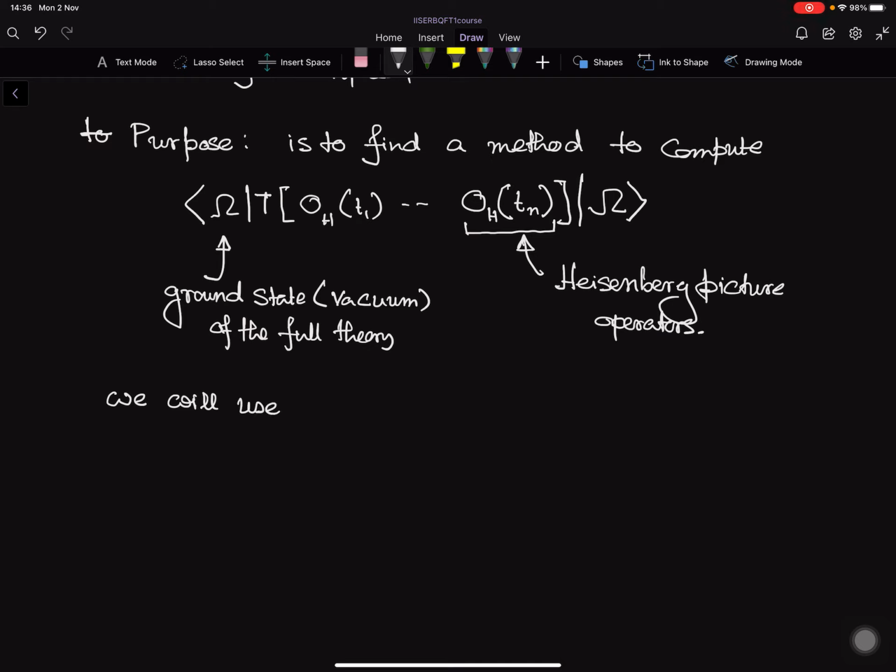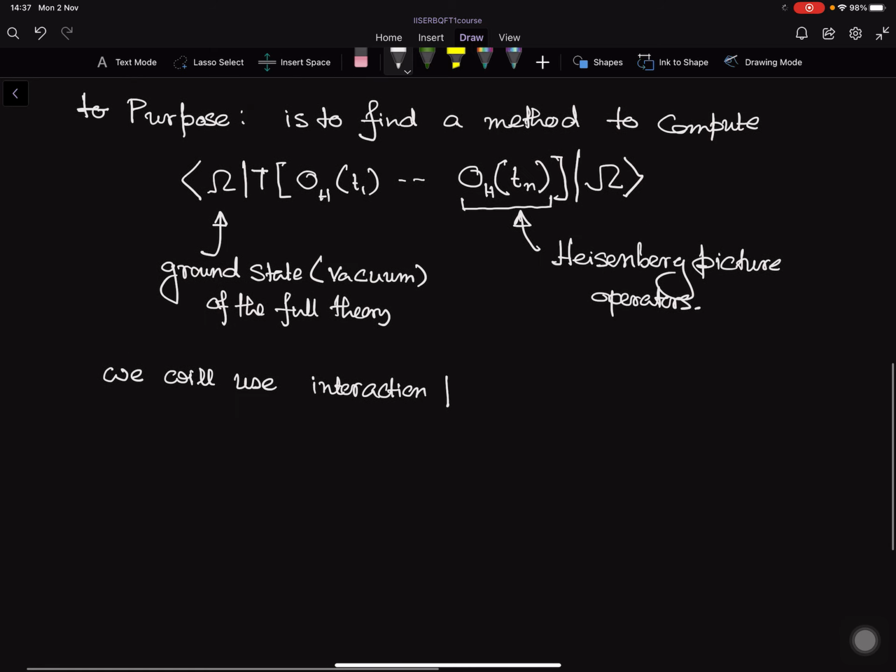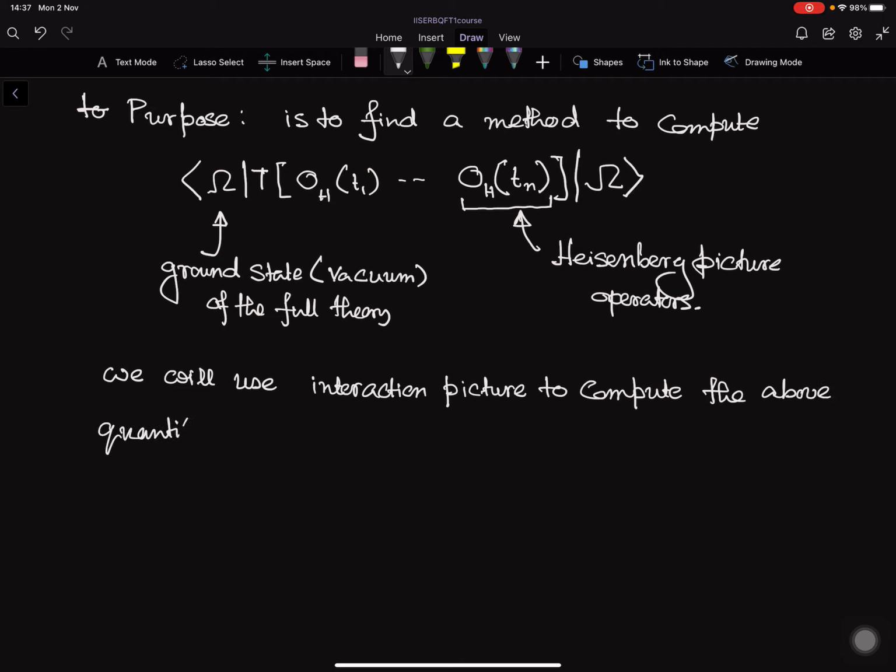And the way we will do it, we will use the interaction picture to compute the above quantity perturbatively. We will explain soon what this term means.